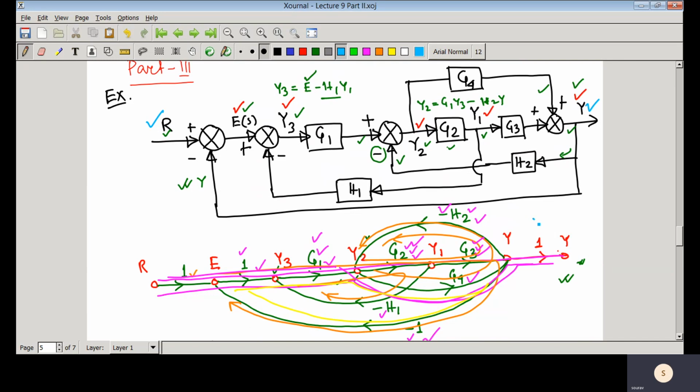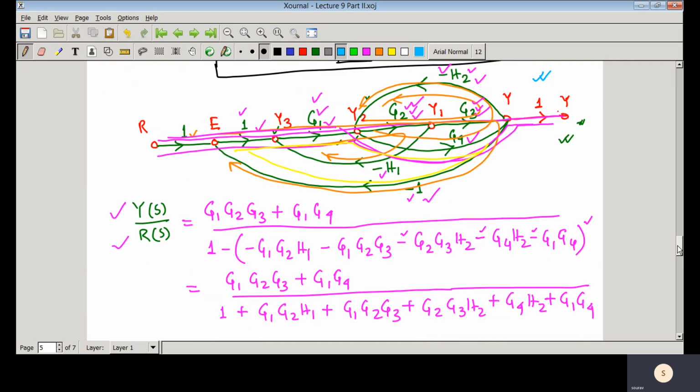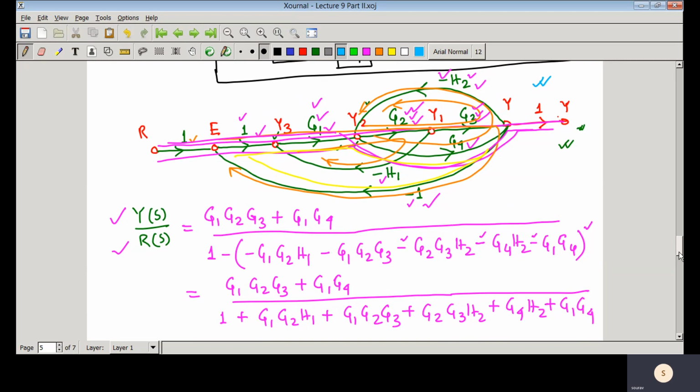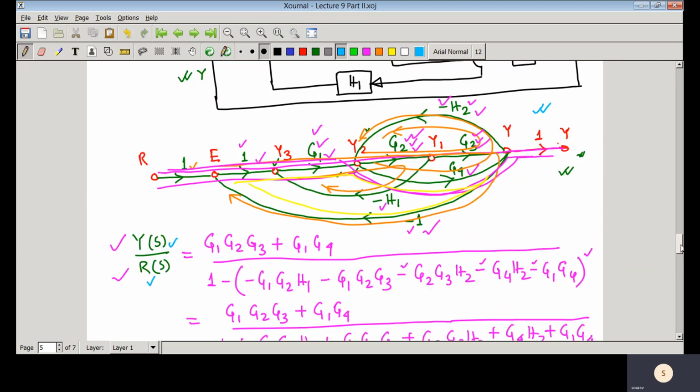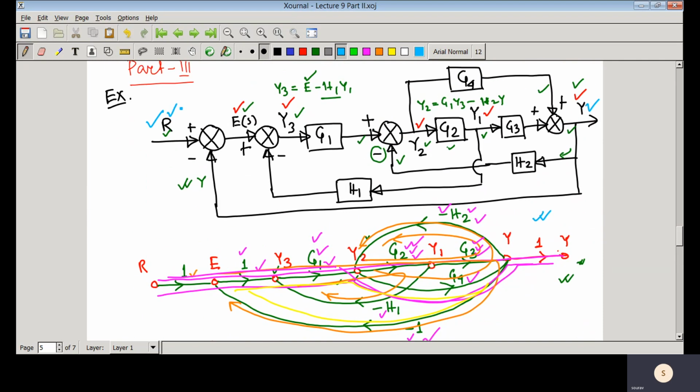You can draw the equivalent signal flow graph for the closed loop control system presented in block diagram form, and then apply Mason's gain formula and directly find the transfer function from input to output. Similarly, you can find the transfer function from R(s) to E(s). If you are asked to find it, you can easily find it.